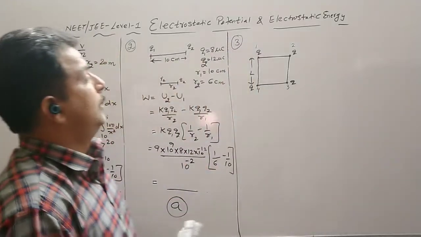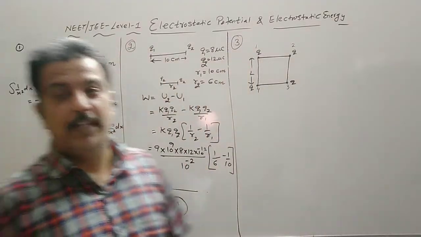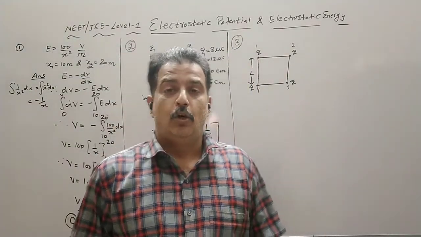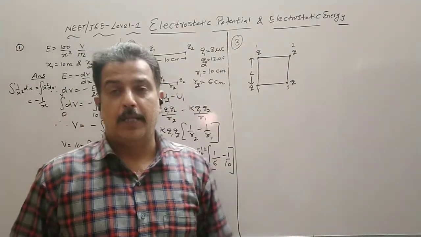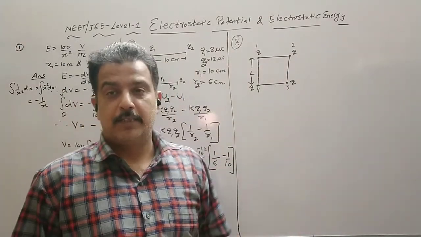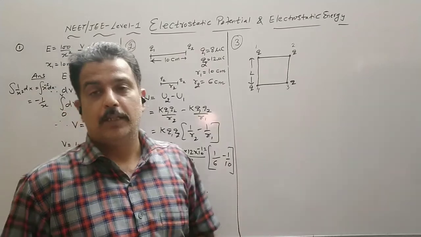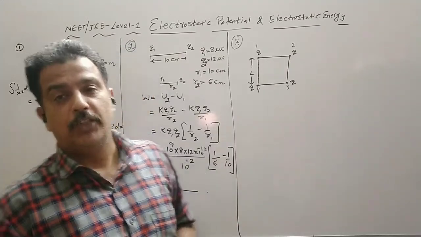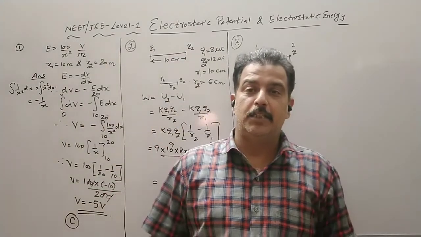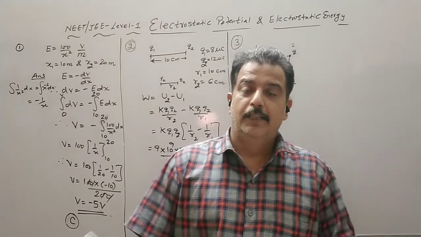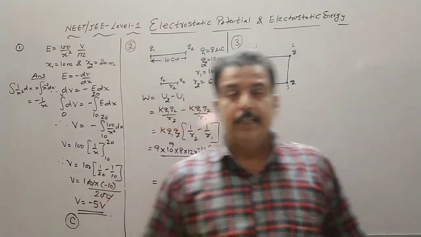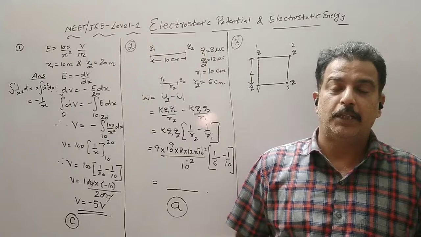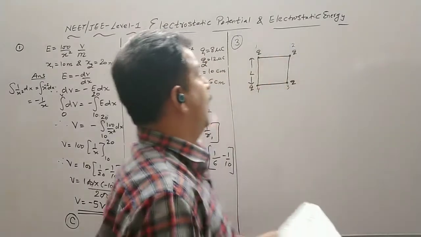So we apply the law of conservation of energy. Initially, all 4 charges are fixed at the vertices of the square, so they have potential energy and the kinetic energy is 0. Now if I let them free, that potential energy should be converted into kinetic energy.